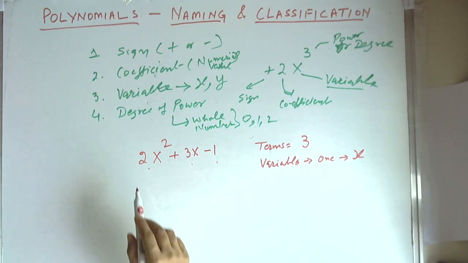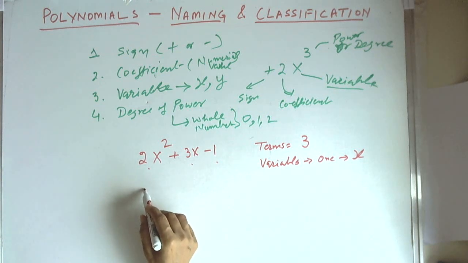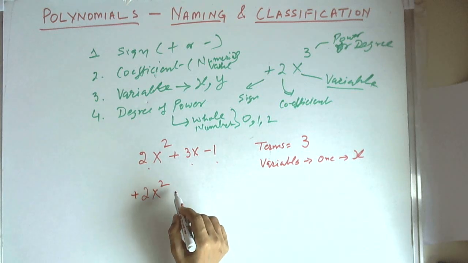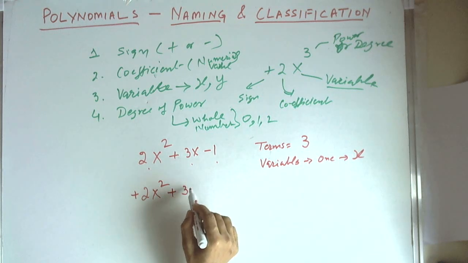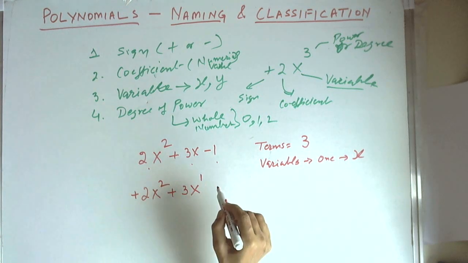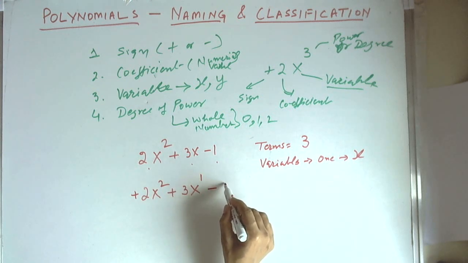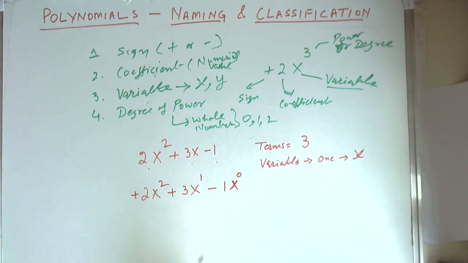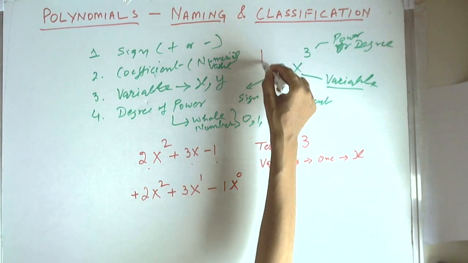To understand the degree, the same polynomial we can write like this: 2x square, plus 3x raised to power 1, and minus 1 we can write as x raised to power 0. So we have now converted all these three terms into our standard format.